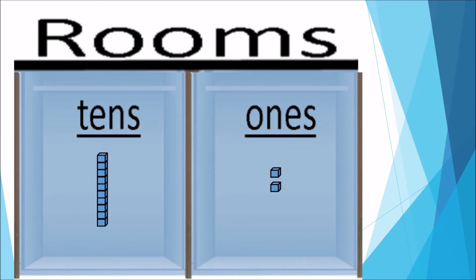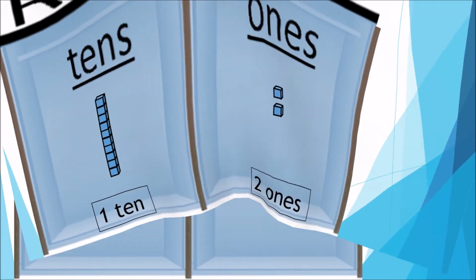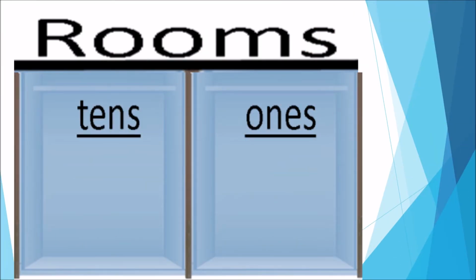Let's put the blocks first. 1 ten and 2 ones. Look at the digits now. Where would you put the digits? Remember, 1 digit in each room.